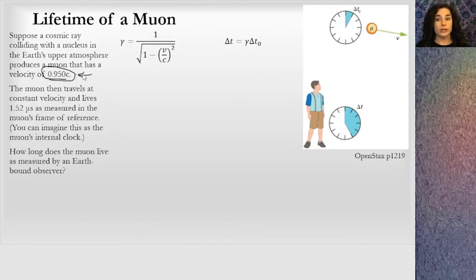I'm not going to calculate that value because when I plug it into this equation, I have it over c, and the c's will cancel, and I'm left with just a nice fraction. So do not just multiply this out. You don't need to know the exact speed. It says the muon then travels at constant velocity and lives 1.52 microseconds as measured in the muon's frame of reference.